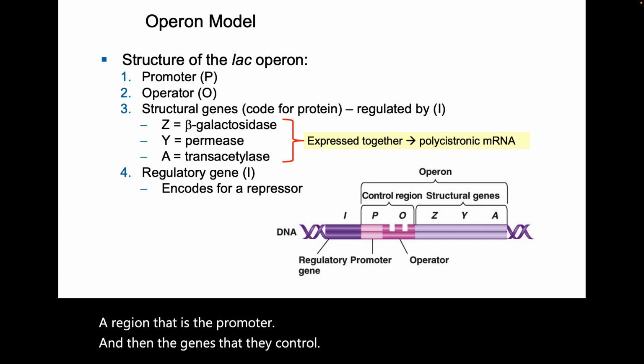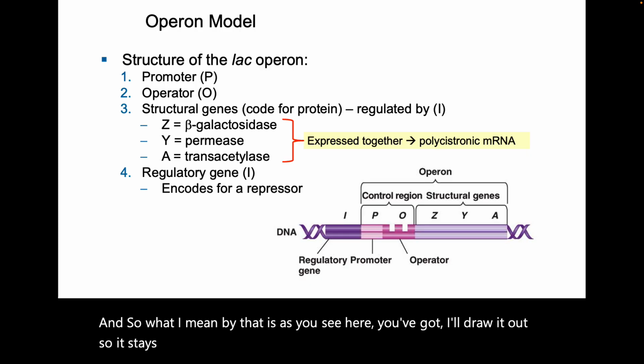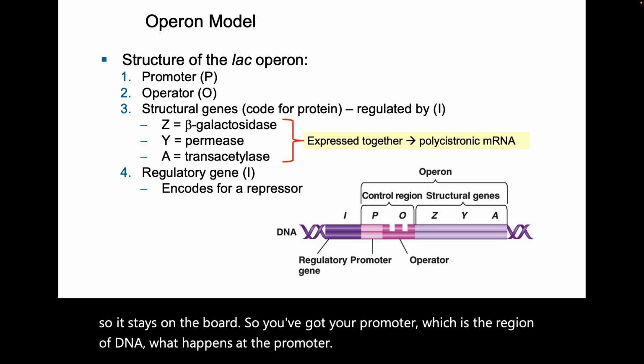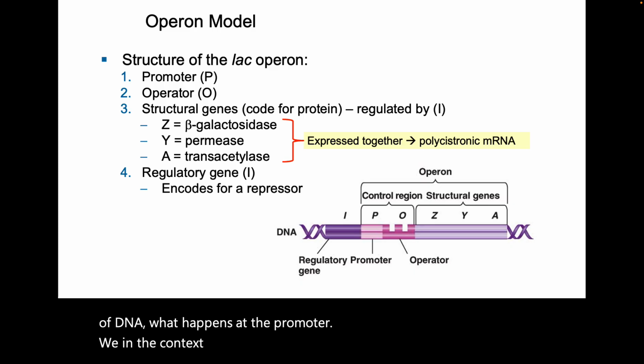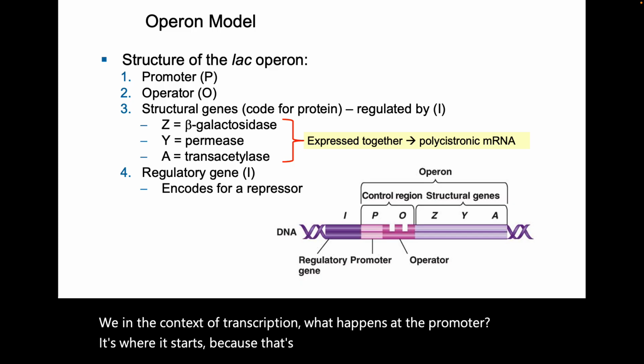And so what I mean by that is, as you see here, I'll draw it out so it stays on the board. So you've got your promoter, which is the region of DNA. What happens at the promoter? In the context of transcription, what happens at the promoter? It's where it starts, because that's where the ribosome will bind, right? Or not the ribosome, I'm sorry, the polymerase.